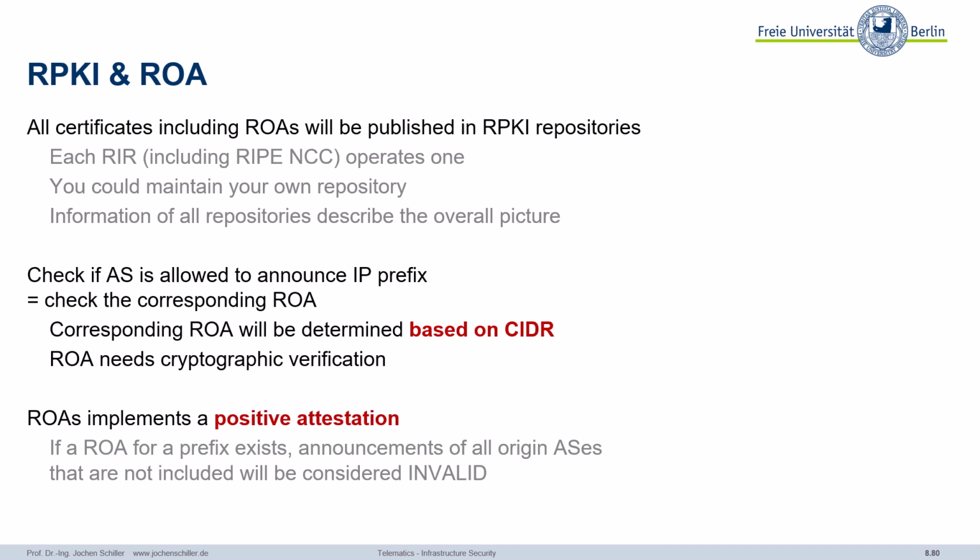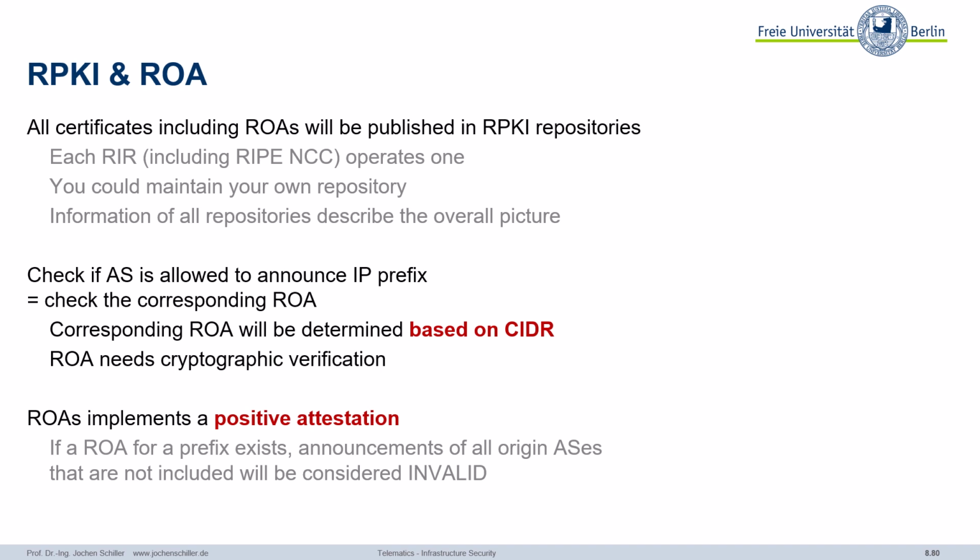So how does it work? If we want to check if an AS is allowed to announce a certain prefix, we have to check the corresponding ROA, and we know which ROA belongs to a certain IP prefix. That's all cryptographically verified. And then the idea here is that if everything is verified, then this is what we call a positive attestation.